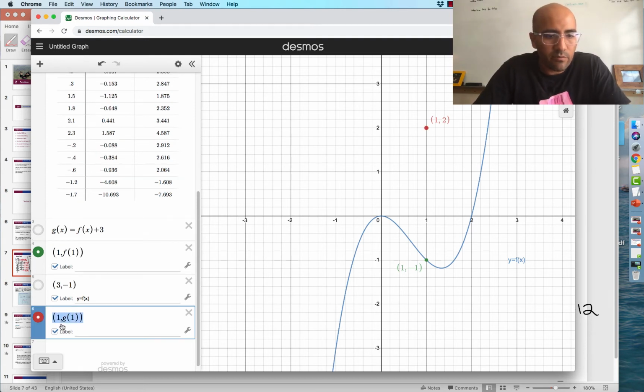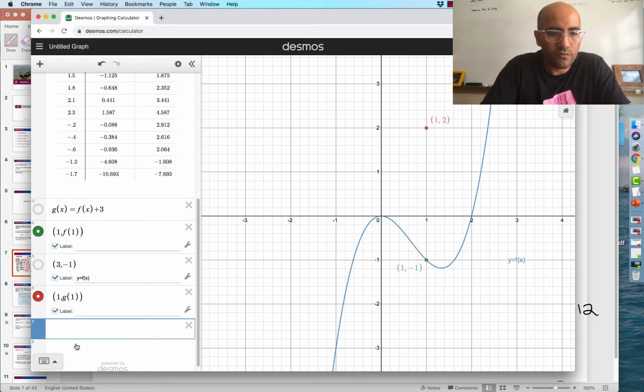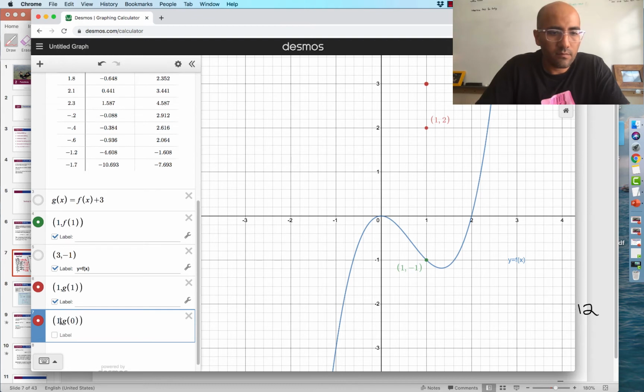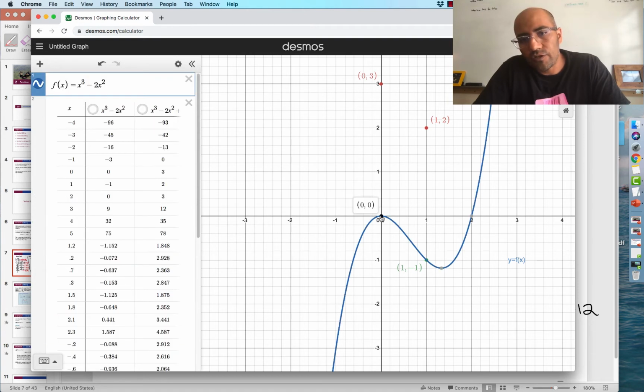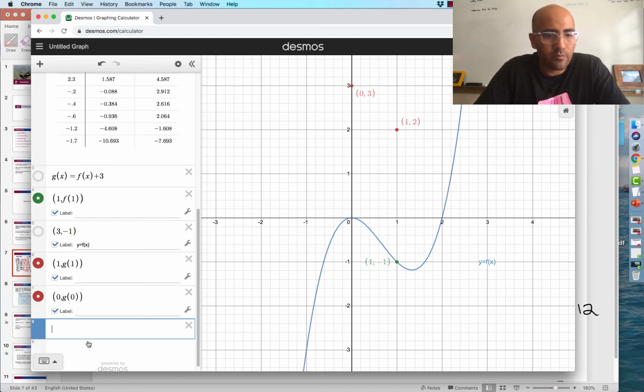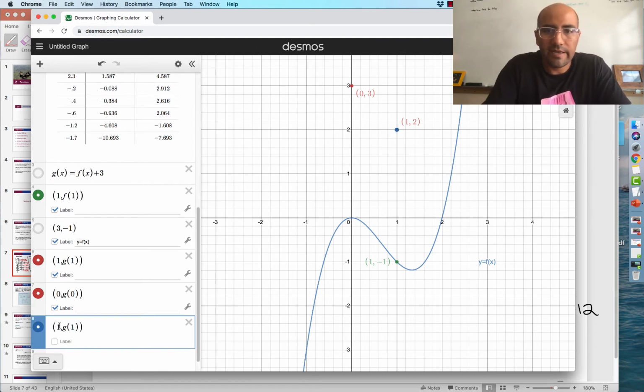And we can do the same thing with a couple of other ones. Copy, Control V. How about at 0? So at 0, the old function was mapped to 0, 0, but now the new function is going to map to 0, 3. Okay. Same thing happens with other points. Let's try maybe one more, which will be, how about negative 1?